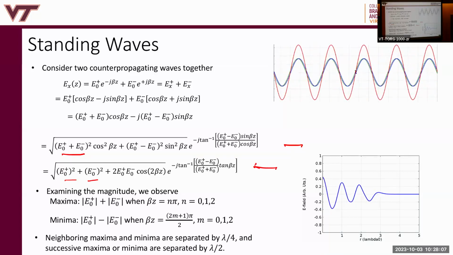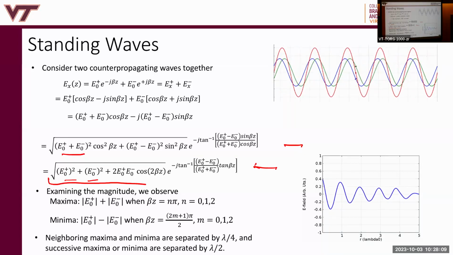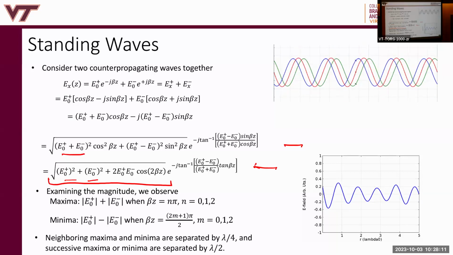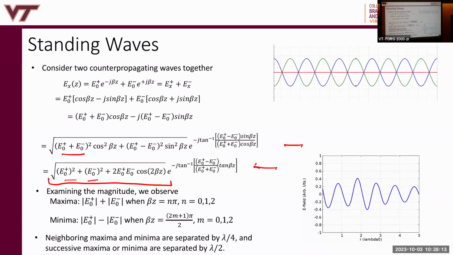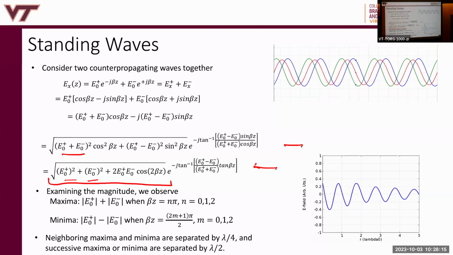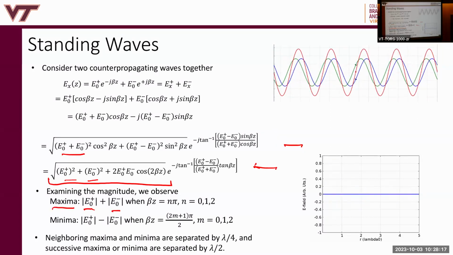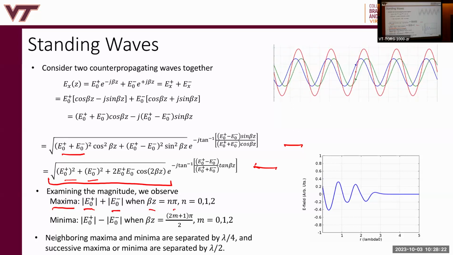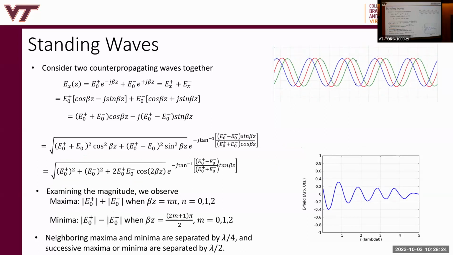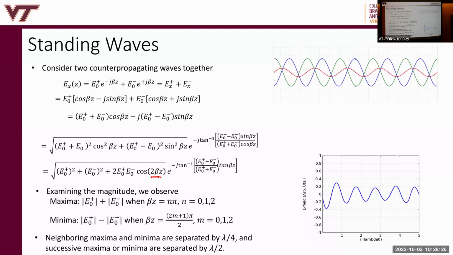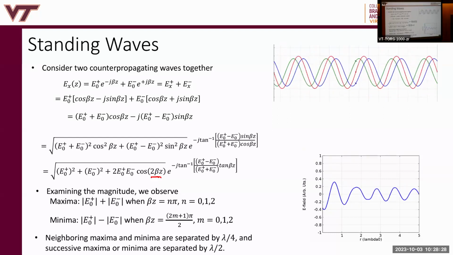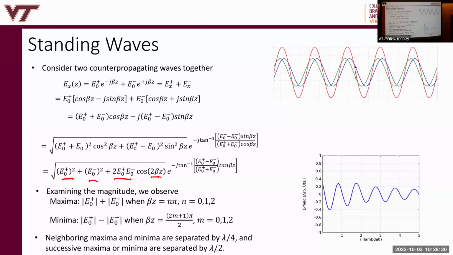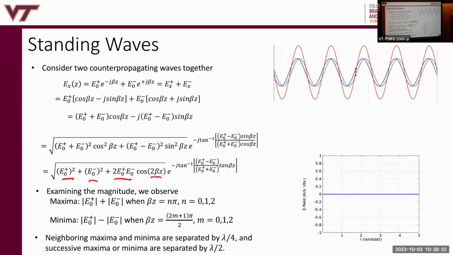Let's examine the magnitude, which is this part of the expression. We observe that it is maximum when beta z is equal to n pi. Why is that? Because of this cosine here. The only thing that's varying here is the cosine; these are all constants. The cosine is the function that varies in the magnitude.